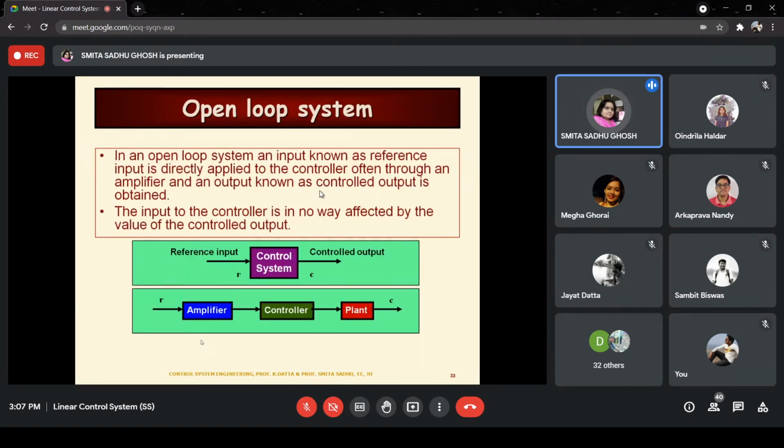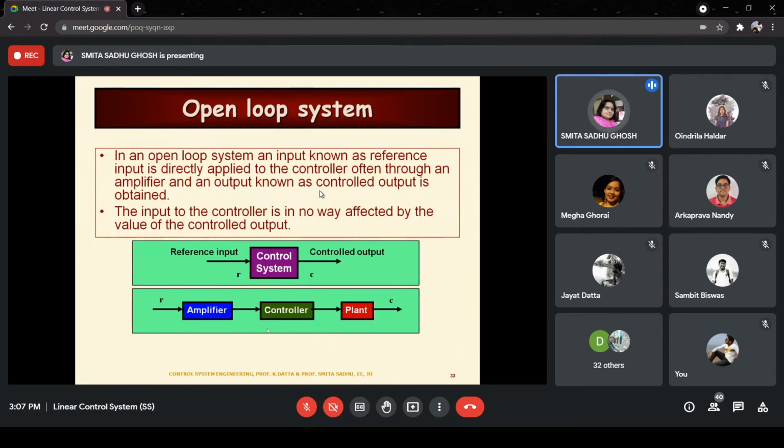Now coming to the open loop system. In an open loop system, an input known as the reference input is directly applied to the controller, often through an amplifier. Let me first tell you about these block diagrams that you see over here. The top diagram and the bottom diagram are actually the same, meaning that you see it in a different fashion.